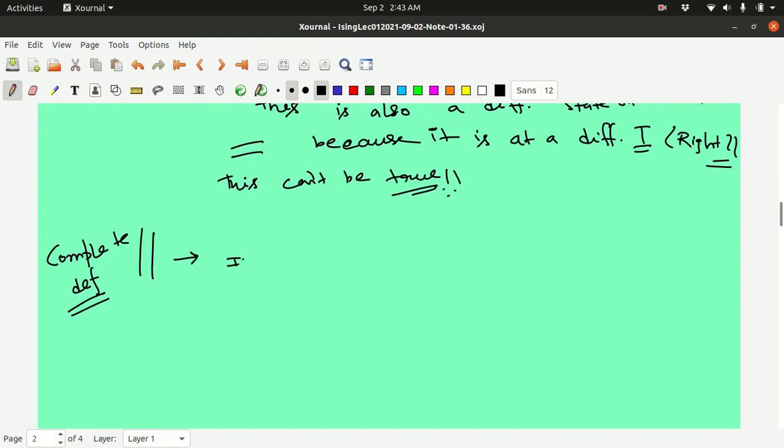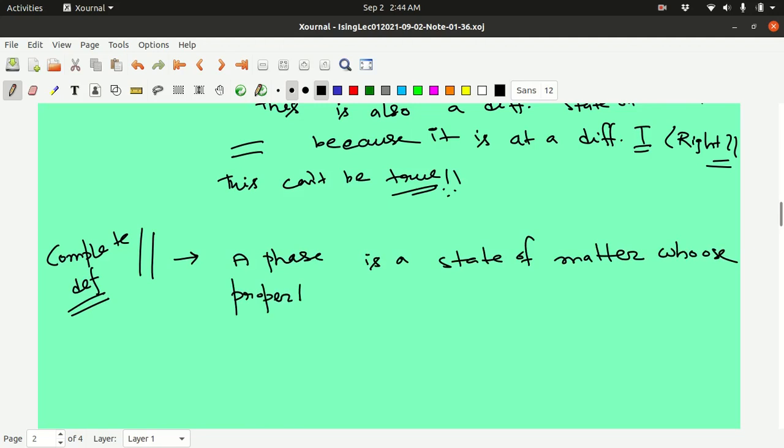A phase is a state of matter whose properties vary smoothly.